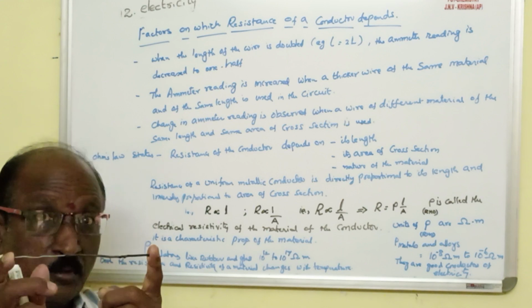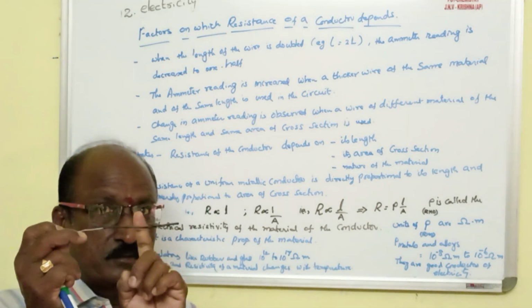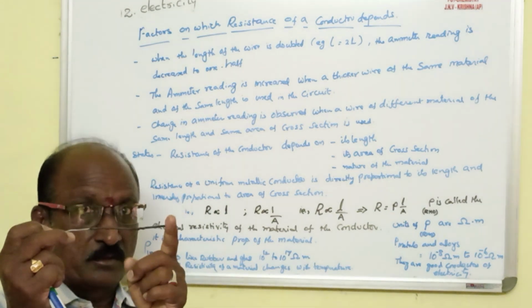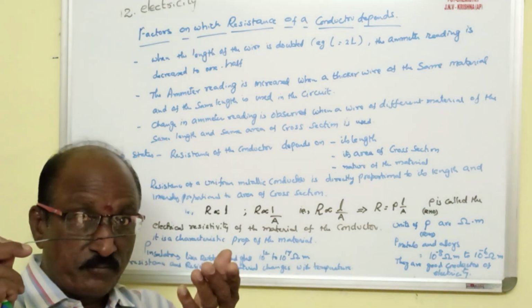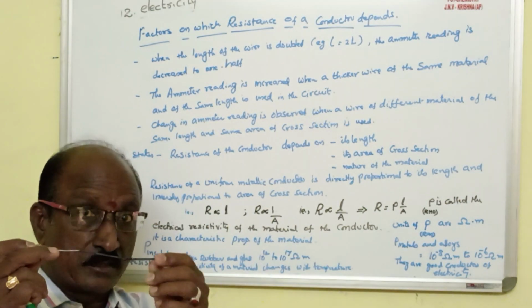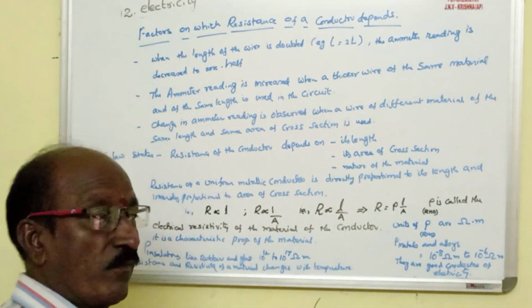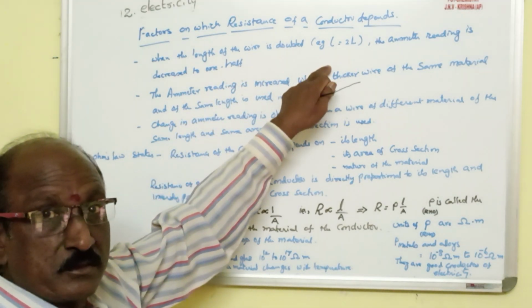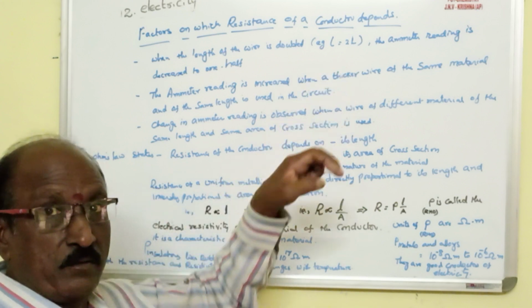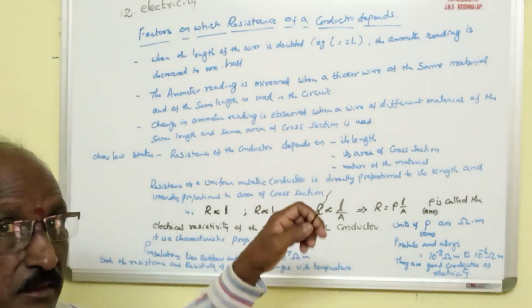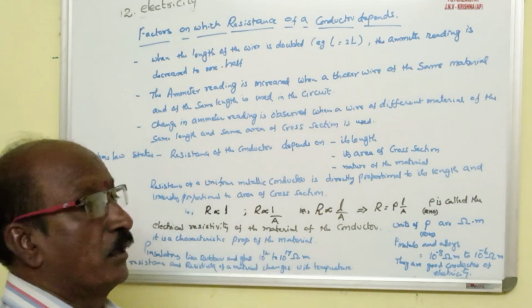If I double the length, raising it by 100%, that is half a meter. For example, here I presented L equal to 2L. In the first case, the length of the wire is L. If I double it, the length of the wire is 2L.